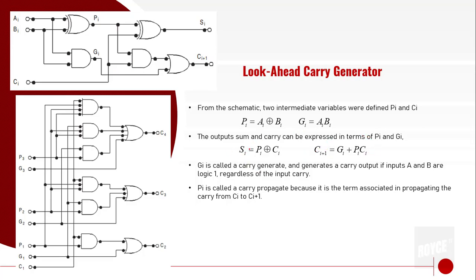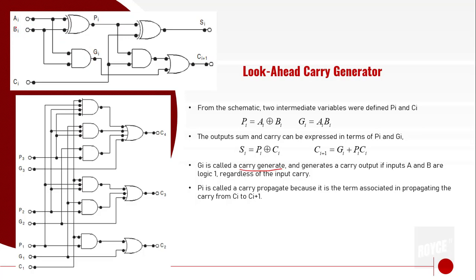G sub I, we term this as carry generate. Bakit? This actually generates the carry output. This generates the carry output if inputs A and B are logic 1. Doon lang naman magkakaroon ng G sub I, di ba? Pagka si A tsaka si B ay 1.